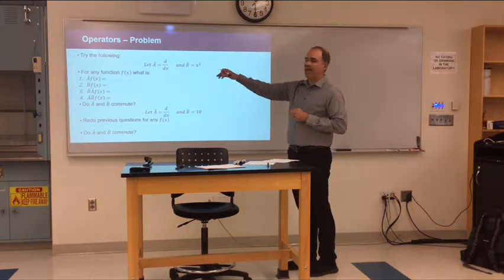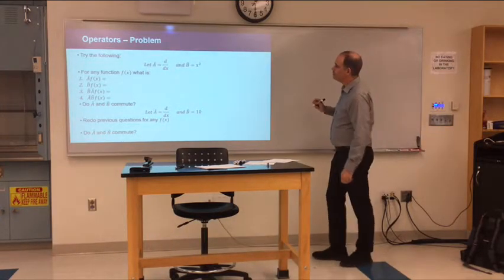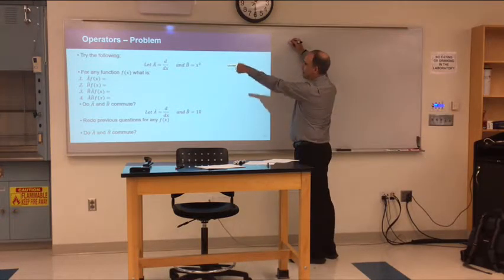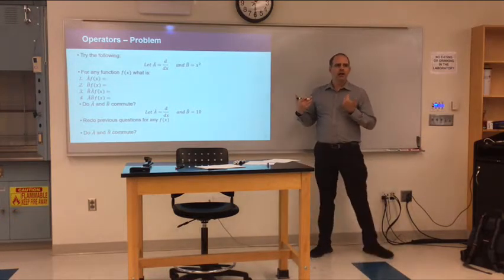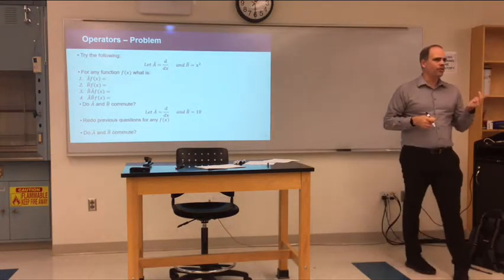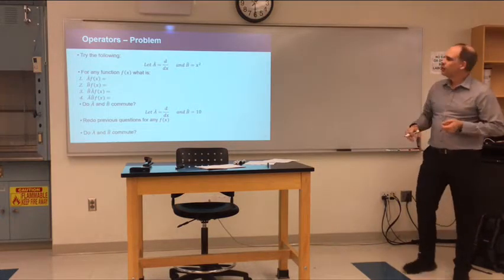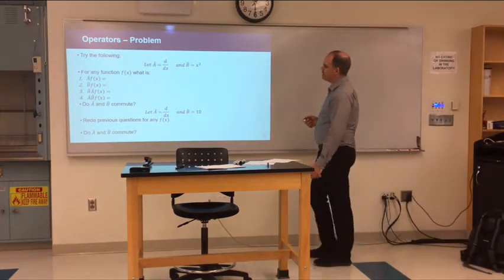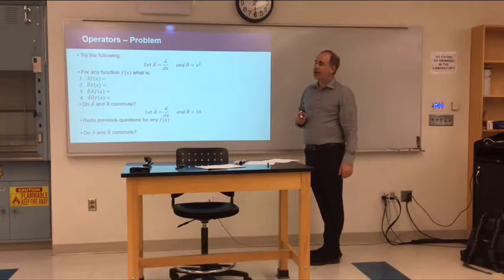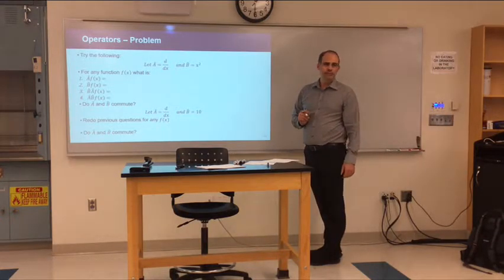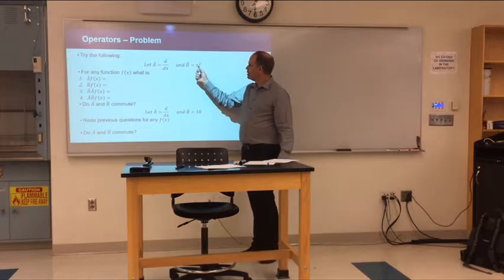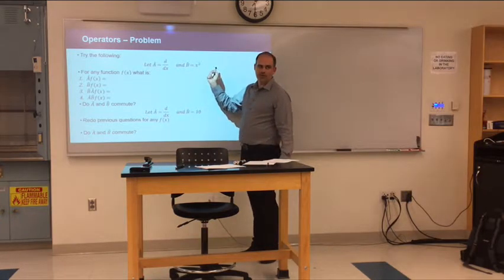So let's say we have any function, f of x. A hat, so that's how you're going to call your operators, you say the variable name and then just say hat. A hat is essentially the first derivative with respect to x. B hat is taking your function and multiplying it by x squared, so it would be this times whatever's next to it.